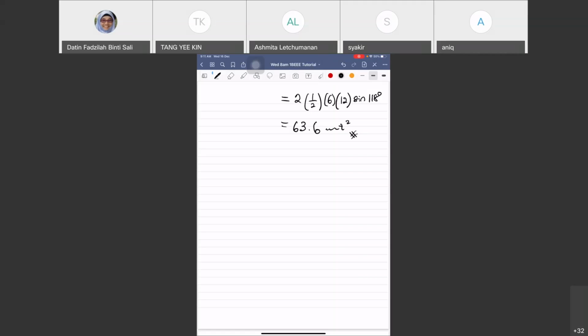Anybody else got any different answer? So this is question 3. So area is just now you say 223,871.5. Anybody else got any different answer?